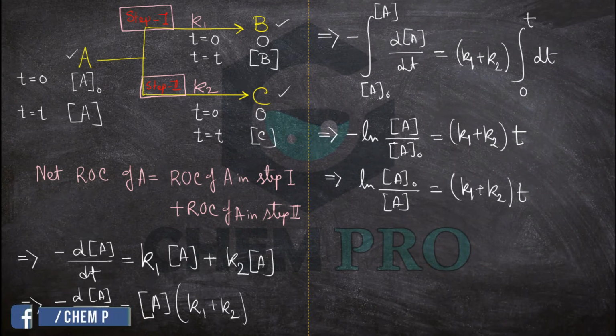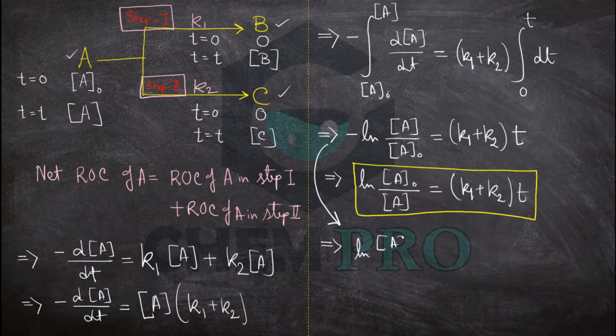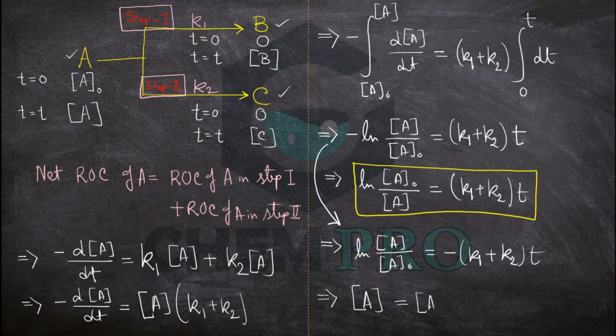We can memorize this integrated form for the parallel reaction. From this equation we can also write ln A by A0 equals minus (K1 plus K2) t, and from this we can calculate the concentration of A: A equals A0 into e to the power minus (K1 plus K2) t.